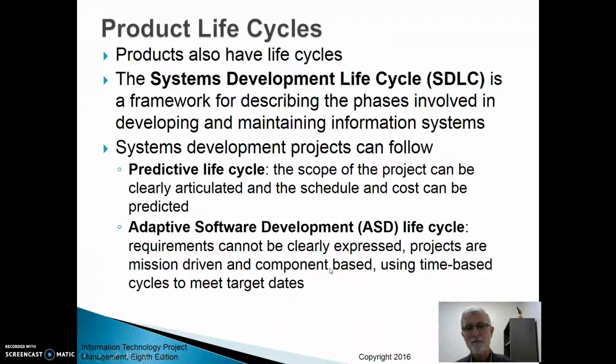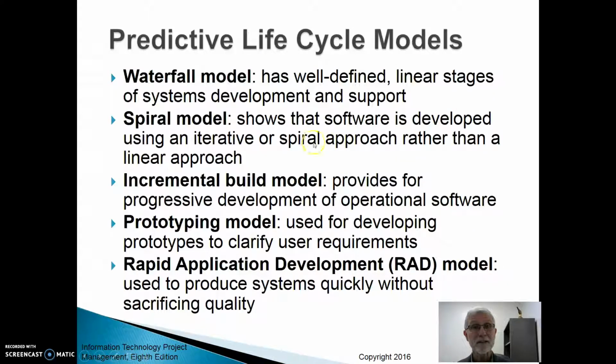So there are several different types of system development life cycles, SDLC. There's predictive or adaptive. Some predictive life cycles: the waterfall model. Basically very linear, very staged, very structured approach, very good for large systems.